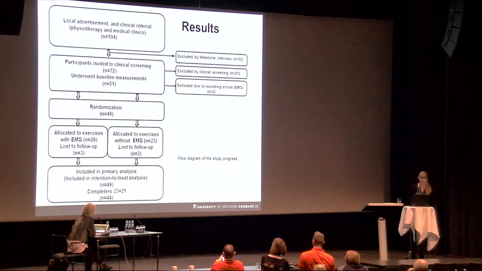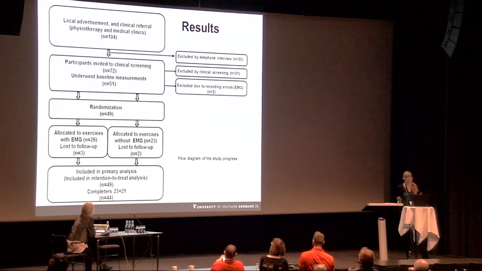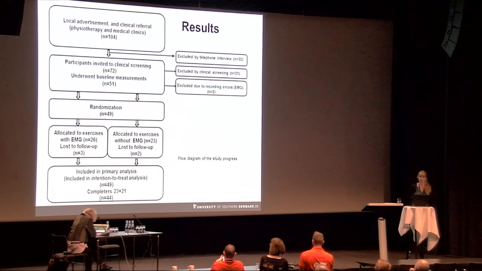Now moving on to the results. This flow diagram provides you with an overview of the trial design, starting with recruitment at local advertisement and clinical referral. And after the initial contact, eligible participants were invited to a clinical screening, and those who fulfilled all inclusion criteria were invited to participate in the study.